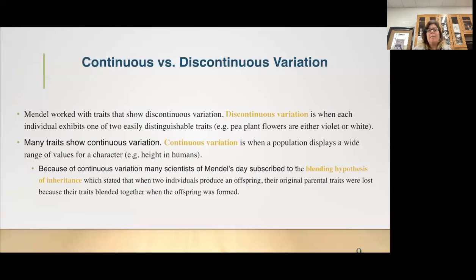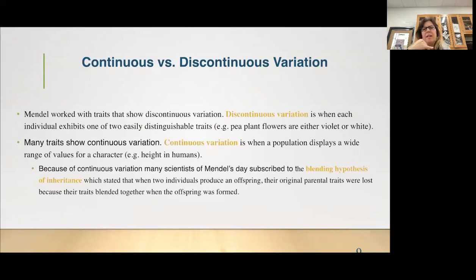So for example, you're either tall or short. Versus in humans, you could be tall, short, or in between. So there's this continuous variation, like skin color. There's a continuous range of colors versus saying you are either white or black, which peas are either green or yellow. So that's the difference between discontinuous and continuous.